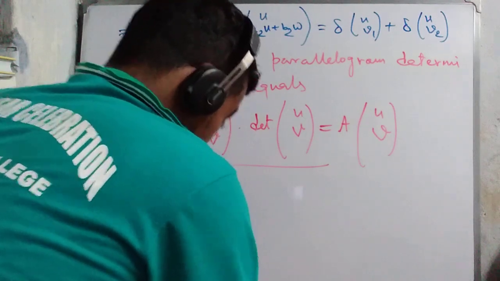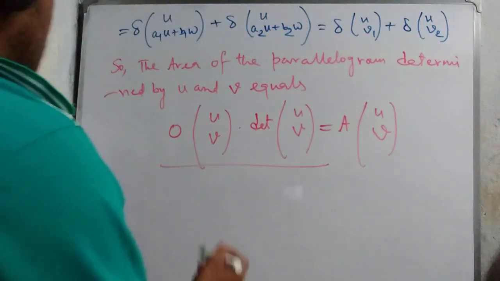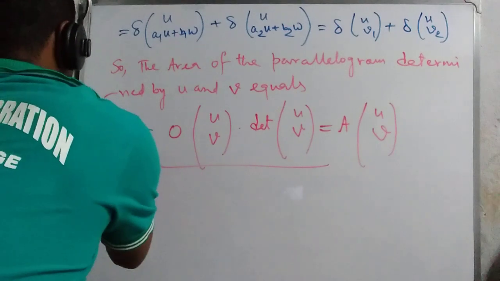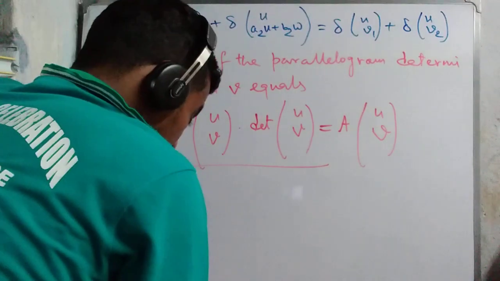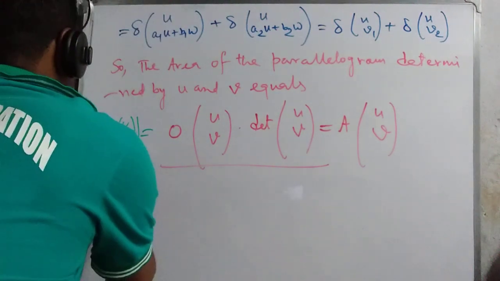And we write it in this way. That means this one equals modulus of determinant of u v. Then we write one example.